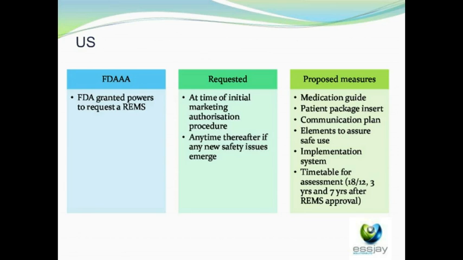Your elements to assure safe use, which are the actual items that make up your risk minimization. So that could be an education guide, an implementation system, and a timetable for assessment, which is detailed within the legislation as being 18 months, 3 years, and 7 years after the REMS approval.